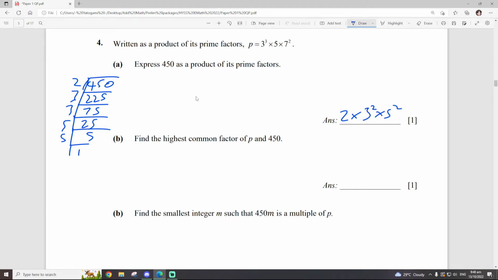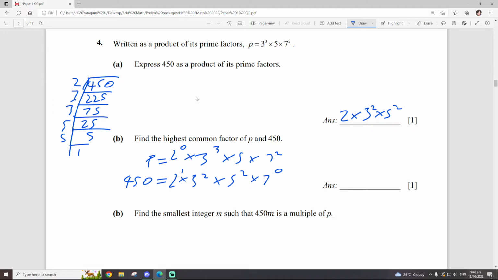Find the highest common factor of P and 450. When you want to find HCF, P equals 3 to the power 3 times 5 times 7 squared, and 450 is 2 times 3 squared times 5 squared. Actually, if you want you can write 2 to the power 0 times this, then this times 7 to the power 0.